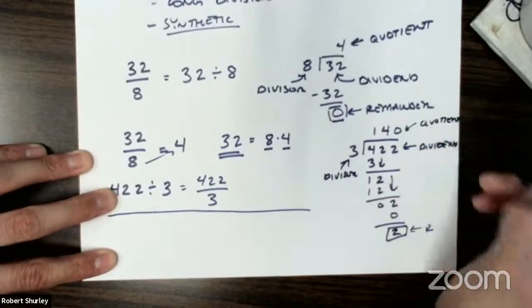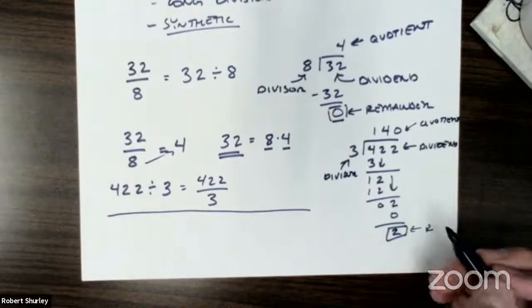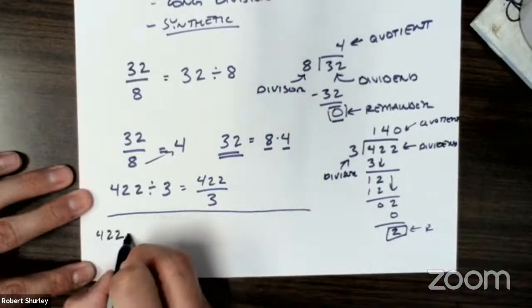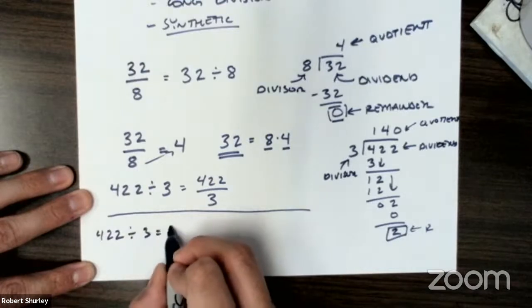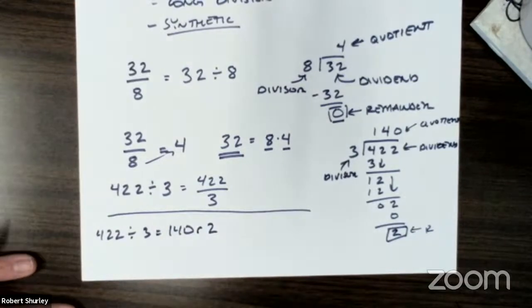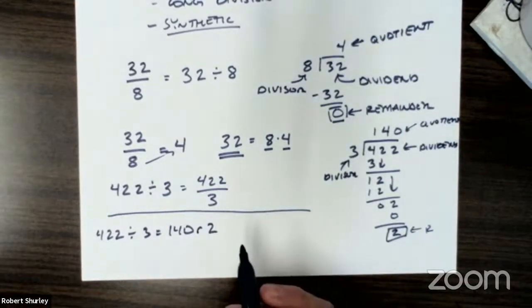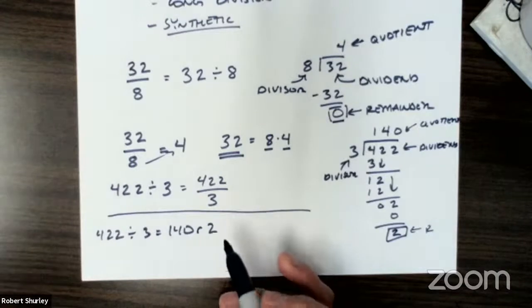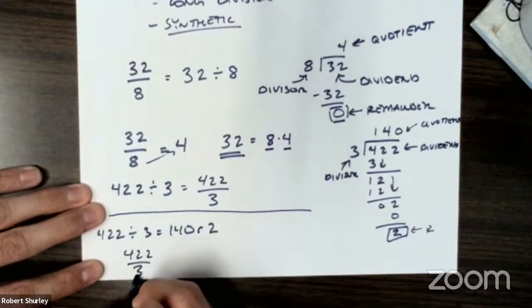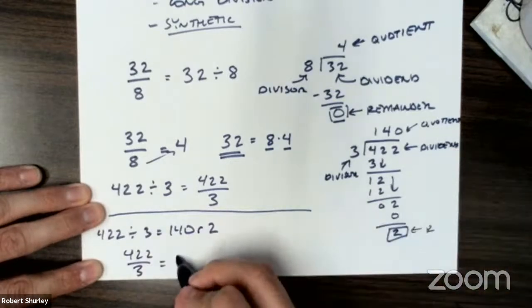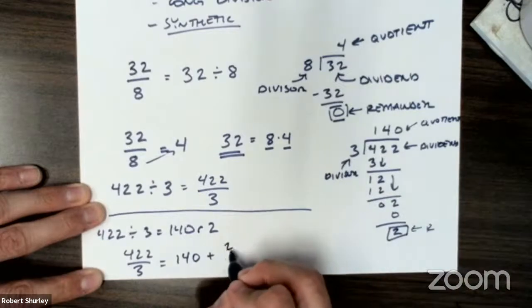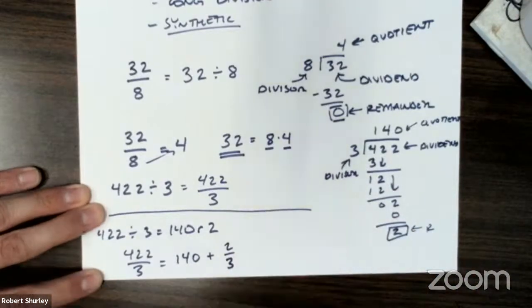Okay? And back in like 3rd or 4th grade, when you learned how to divide, you said that 422 divided by 3 is 140 R2, right? That was how you first learned it. And then later on, what you found was that 422 divided by 3 is our quotient plus your remainder over your divisor, okay?